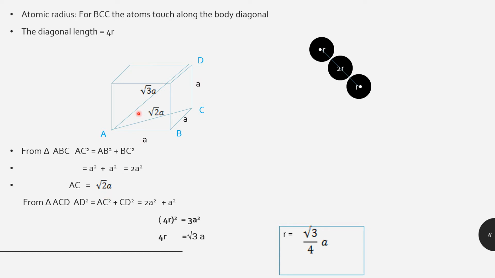Now consider the triangle ACD. This is also a right angle triangle. So we will apply the Pythagoras theorem. That is AD² = AC² + CD², where AC² is 2a². So 2a² plus CD, which is also again a. So 2a² + a².